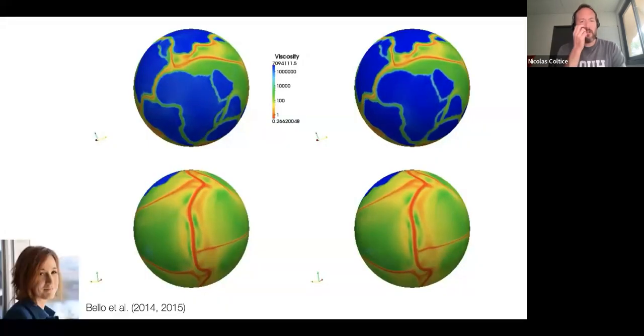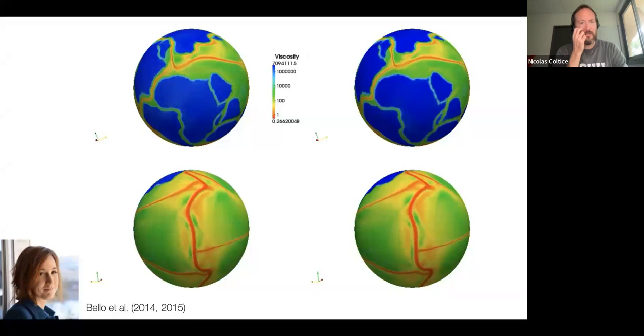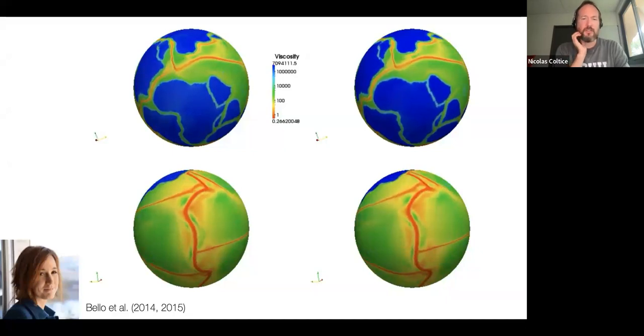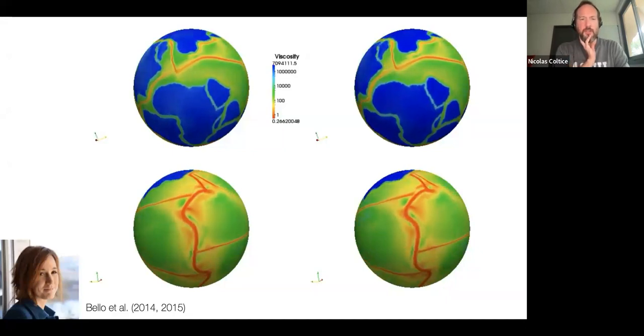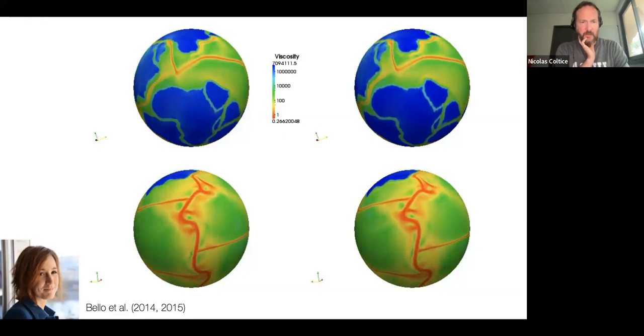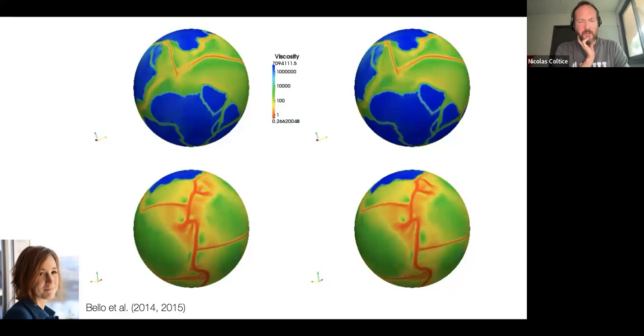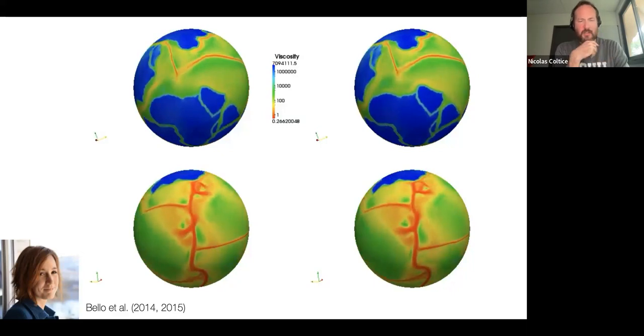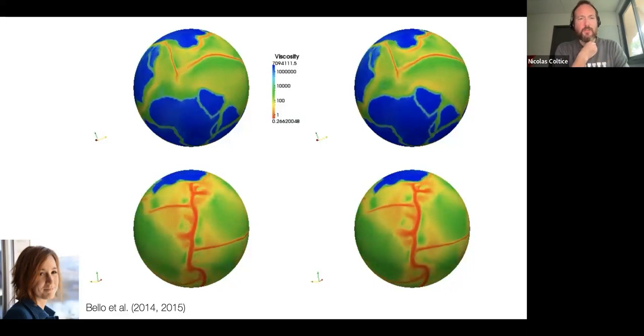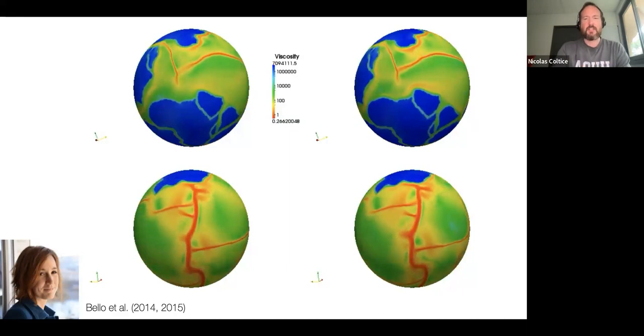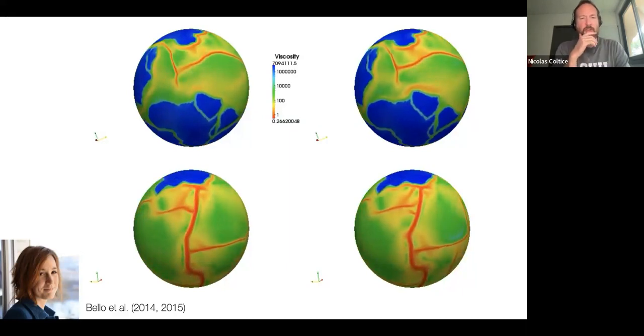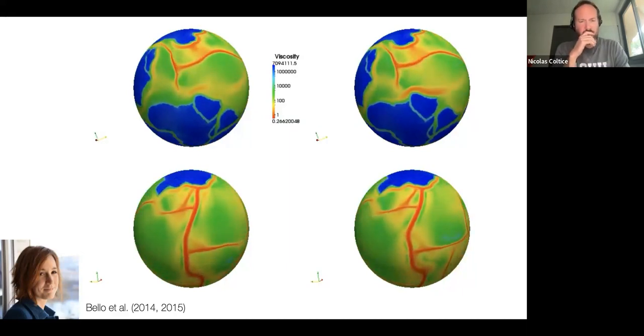And I show you here an illustration that was the work of Lea Bello. Here you see 500 million years of evolution of a convective system with a plate-like behavior. There is a very tiny change, tiny noise in the temperature field, and so a tiny difference between the first column and the second column.